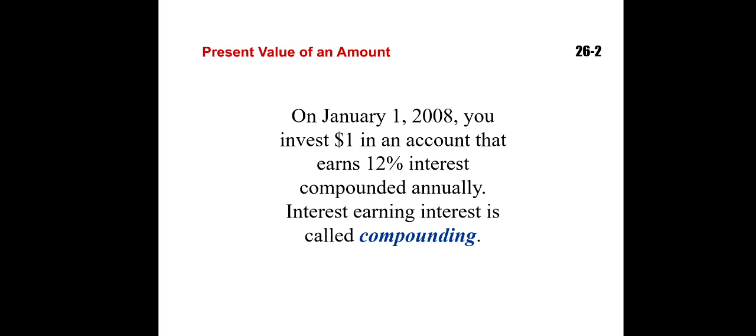Compounding means that if you keep your cash in an investment account, this year you get 12% interest or profit, for example. Next year you will get another 12% interest or profit. It means that the interest that you get this year will generate more interest in the future. That is the thing that this slide is trying to explain.